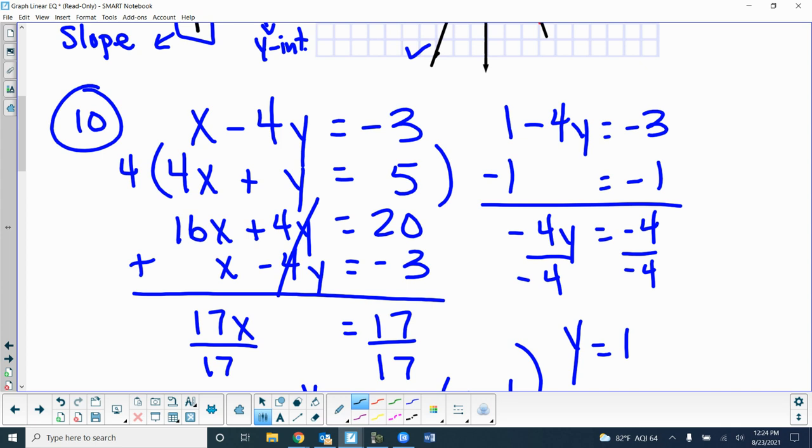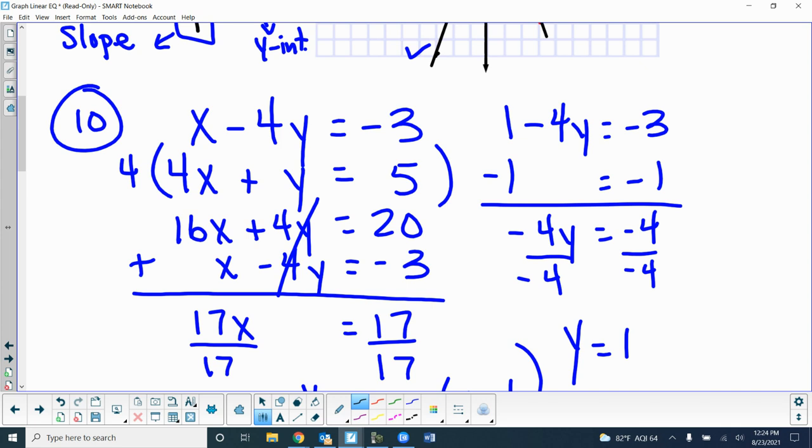How are you allowed to do that? As long as I multiply every term, it's okay. I'm not really changing it, right? So make sure you multiply the 5, the y, and the 4x by 4. You're not really changing the problem.